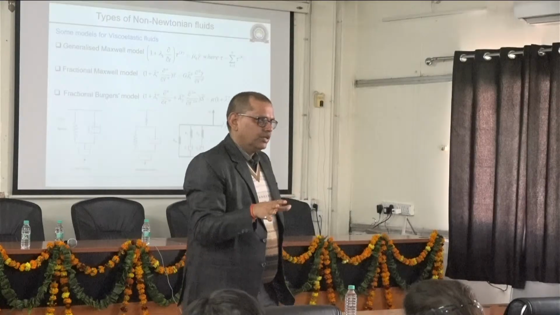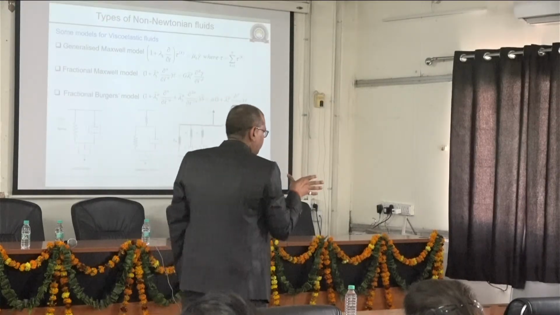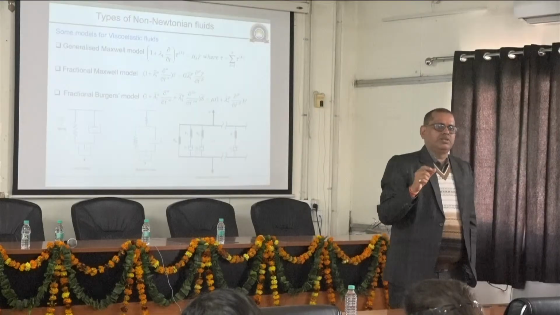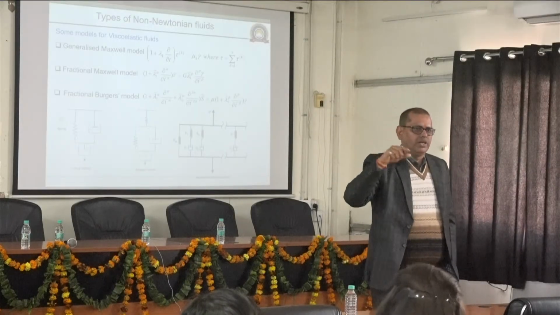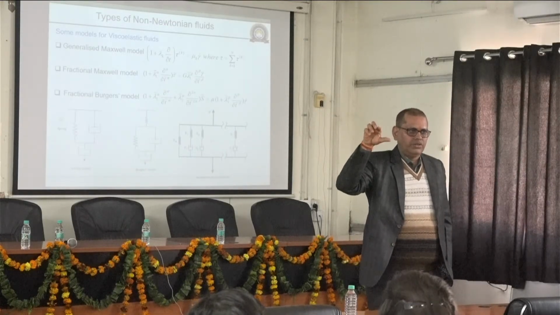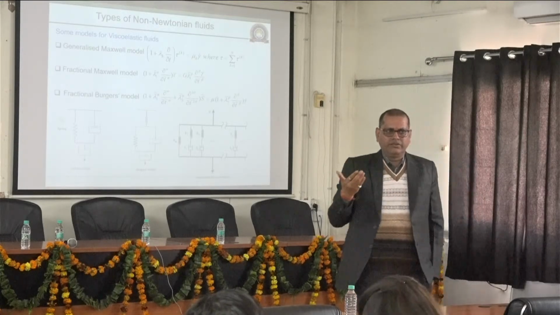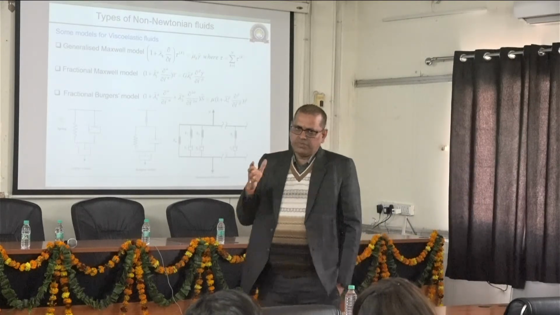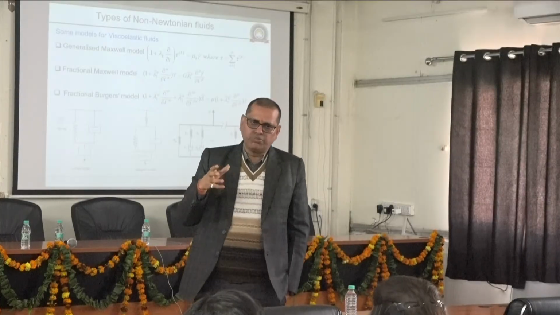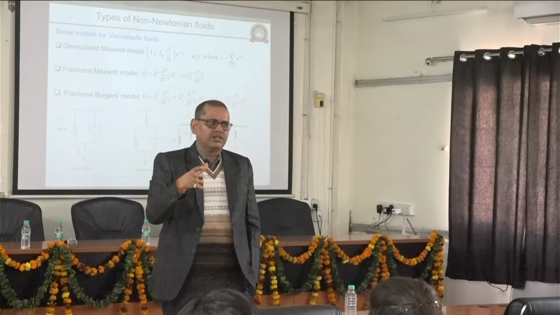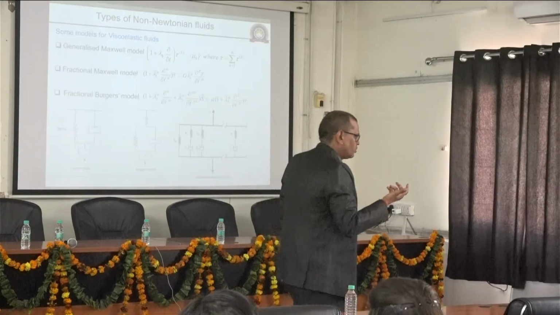But for the fractional derivative, if it is d half y upon dx half, what will be the geometrical properties? How can you define this interpretation geometrically? People are working, they are thinking. If it can be done, then it is good.